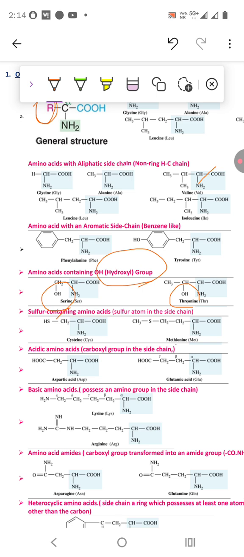And this hydroxyl group is a part of the side chain R. Got it? Clear? Next, sulfur containing amino acids contain a sulfur atom in their side chain.